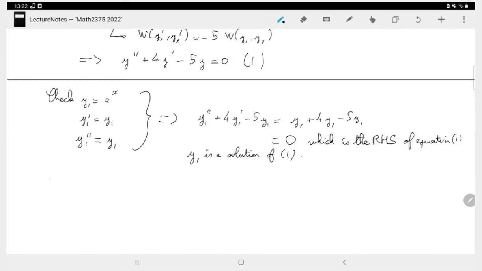The second function that we need to check is y2 equals e to the minus 5x. In a similar vein as before, we can write down that y2 prime is minus 5y2, and that y2 double prime is 25y2.